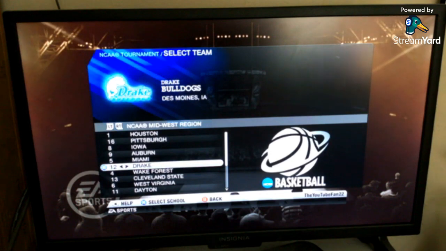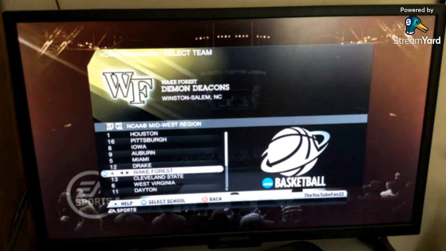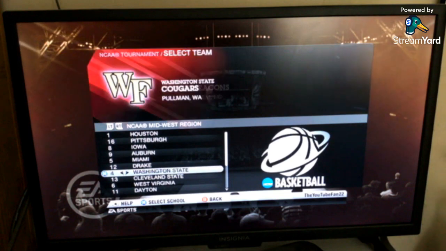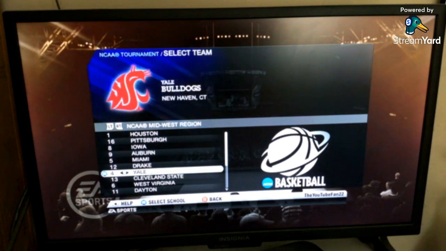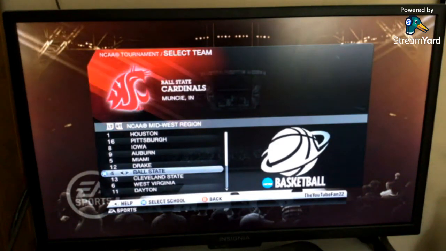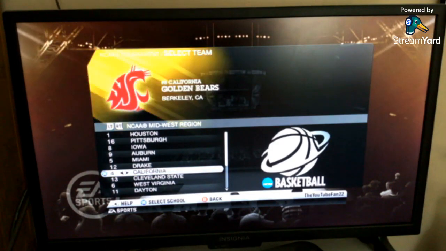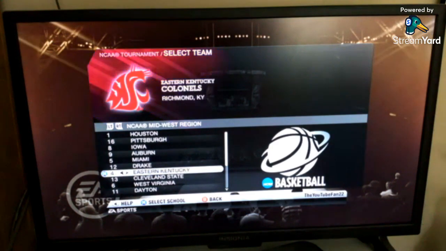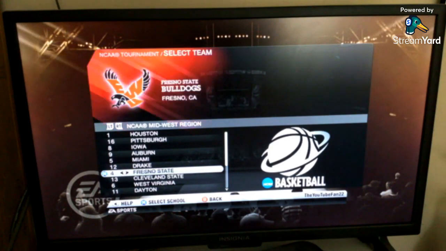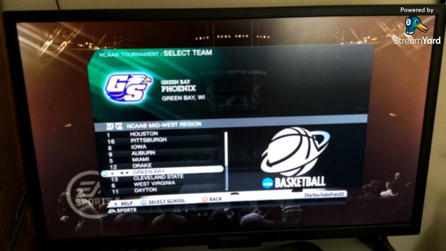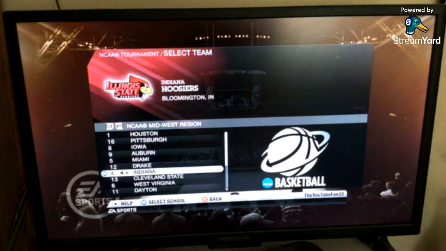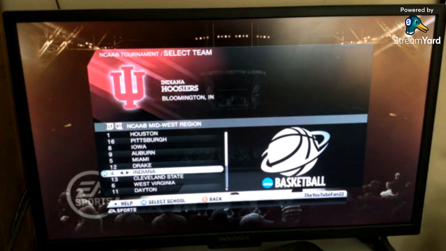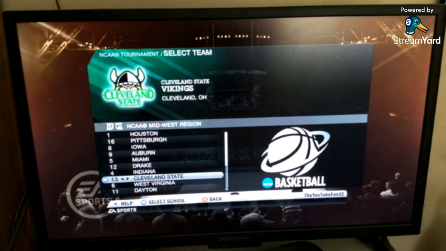All right, the number 4 seed goes to Indiana Hoosiers. The number 13 seed goes to Kent State.